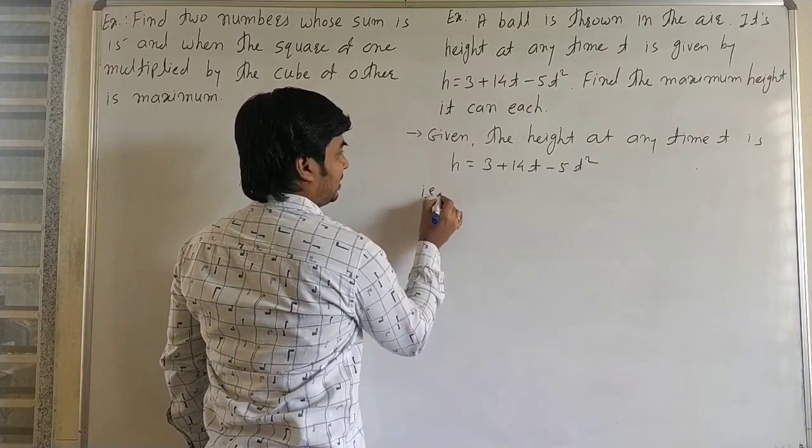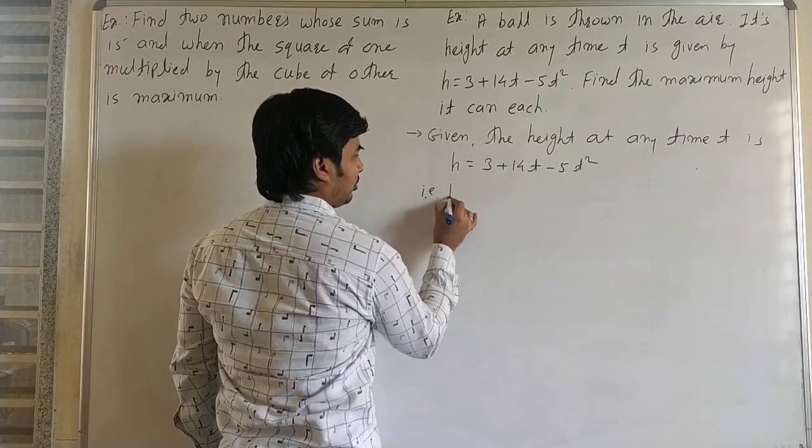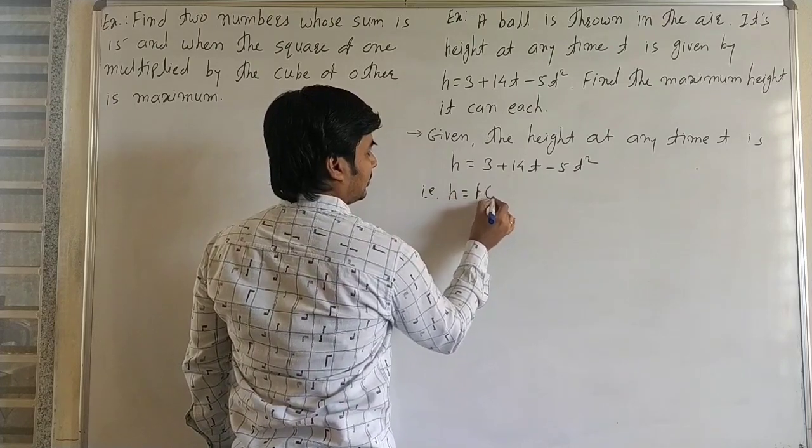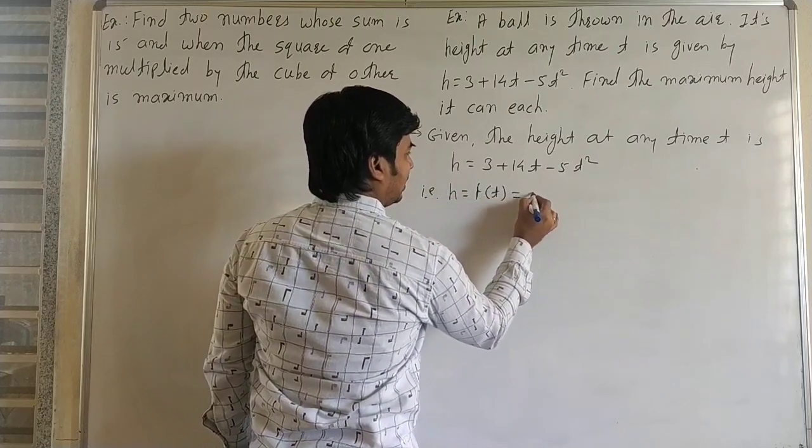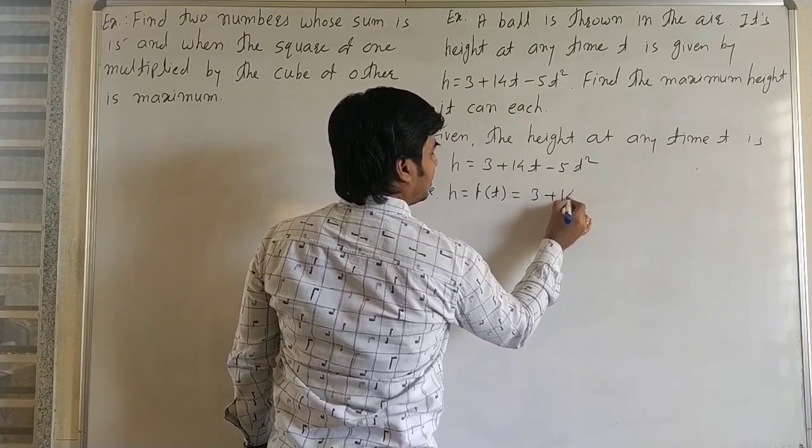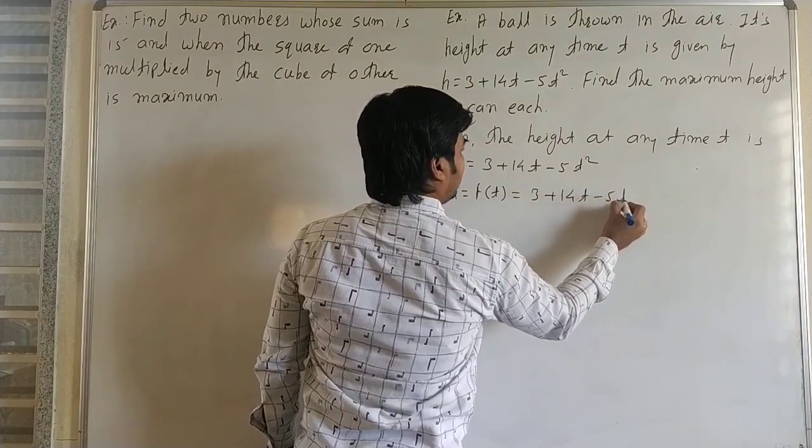That is, h is f of t, and it is 3 plus 14t minus 5t square.